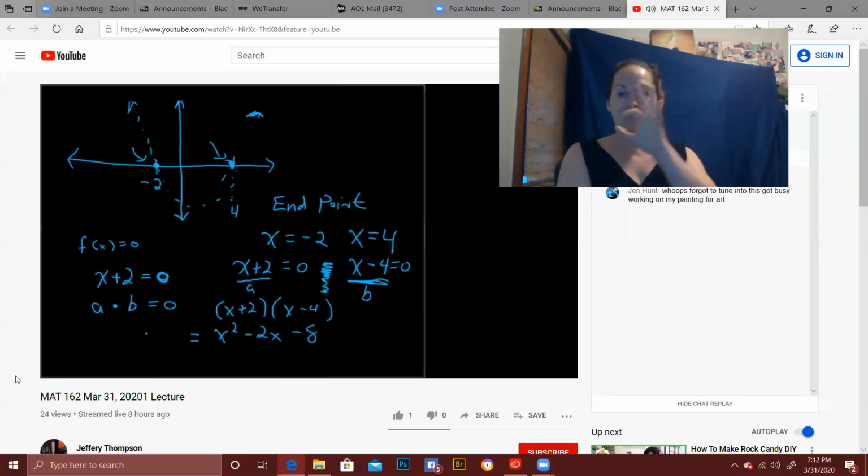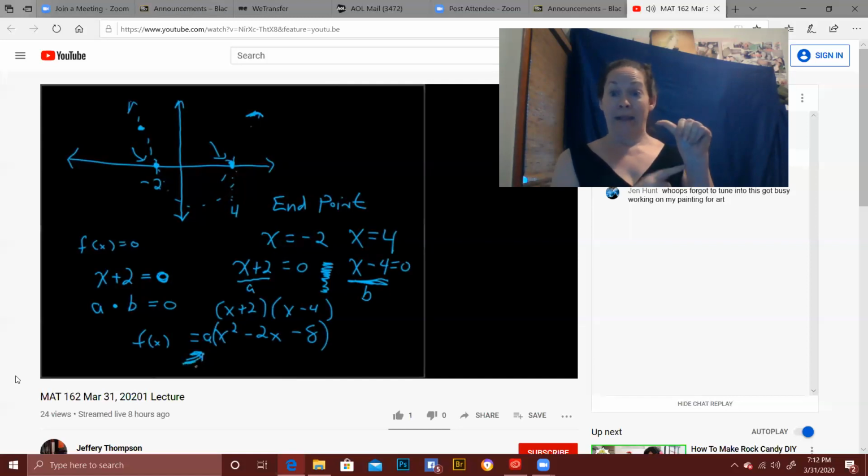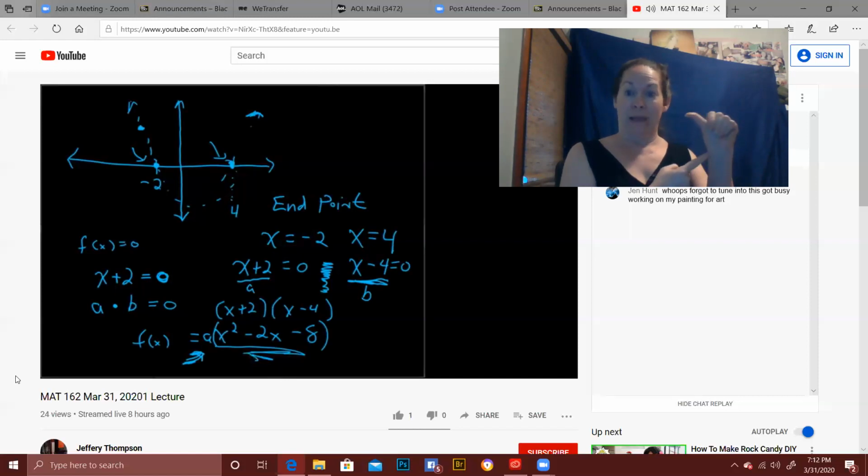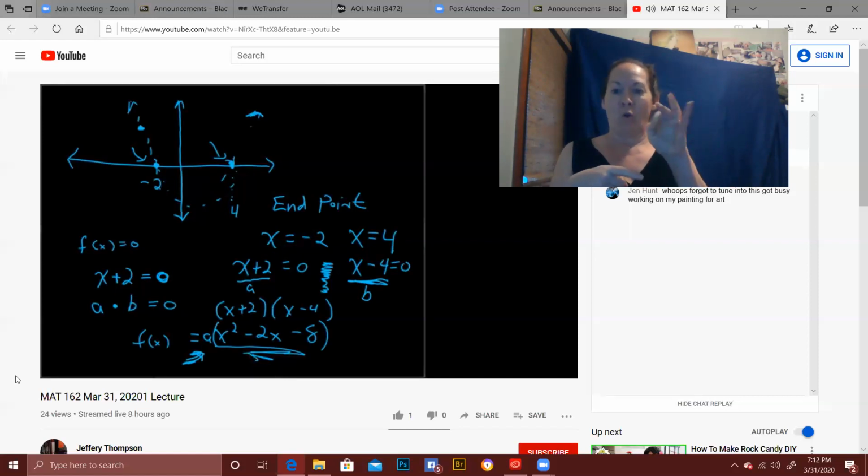And this was the function that defines this. Now, depending on where other points of data are, I have some coefficient out front that determines my A value, but I have the base polynomial. So that's going from our answers to our polynomial.